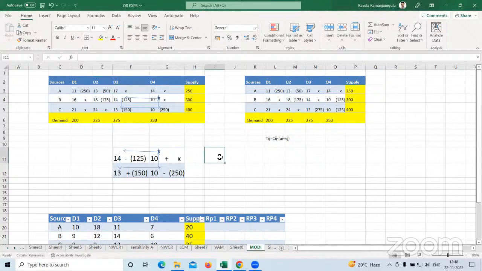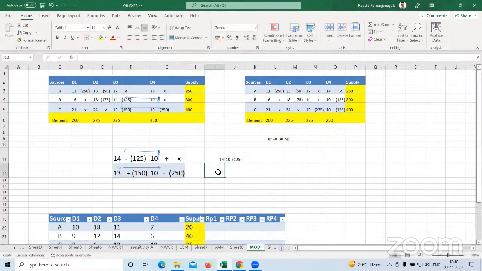Then 14 becomes 0, whereas in the cell of 10, we'll have an allocation of 10 plus 125.